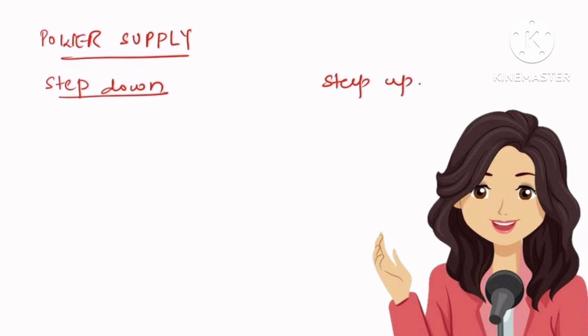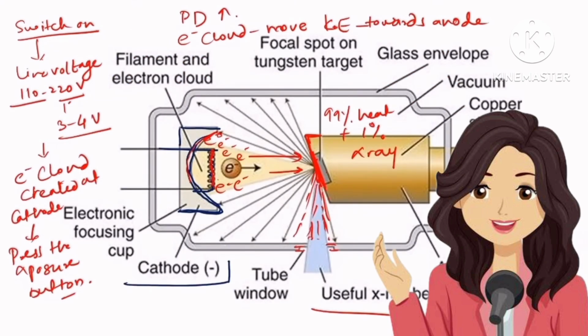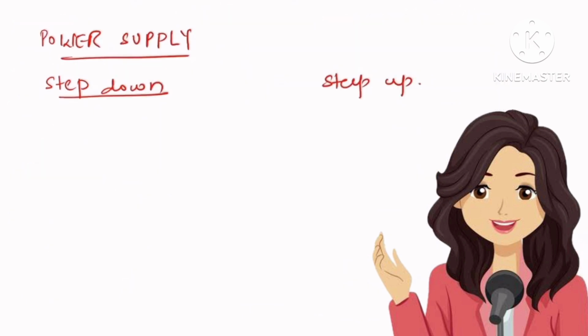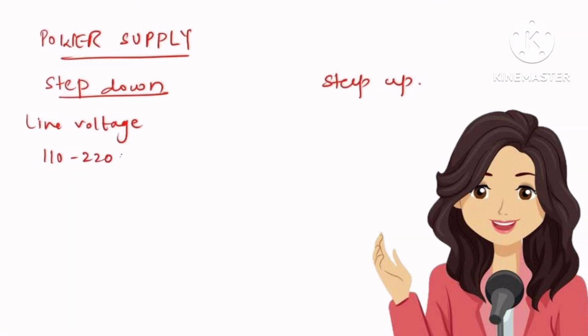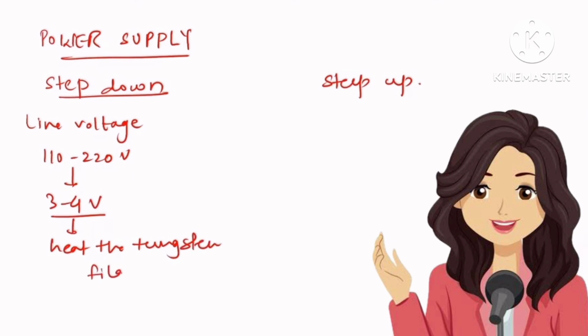Step down transformer, what will it do? I already told you the line voltage is 110 to 220 volts when you switch on the button for the X-ray machine. The step down transformer will reduce the line voltage of 110 to 220 volts to 3 to 4 volts, which is needed to heat the tungsten filament.